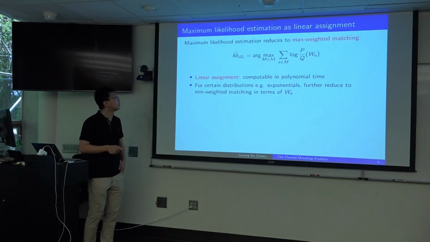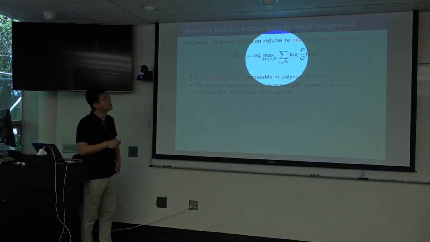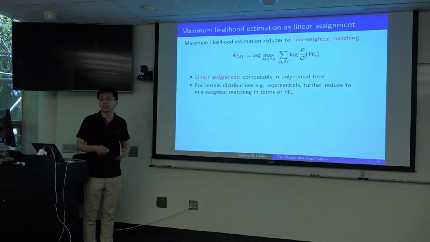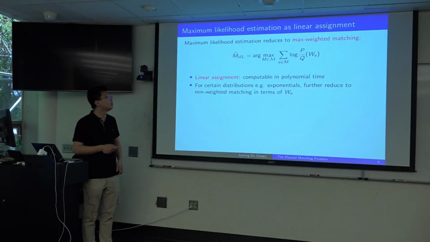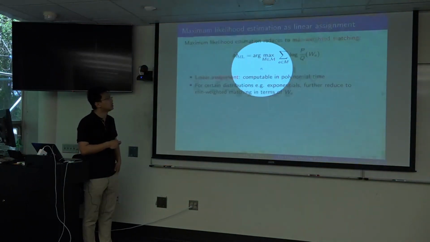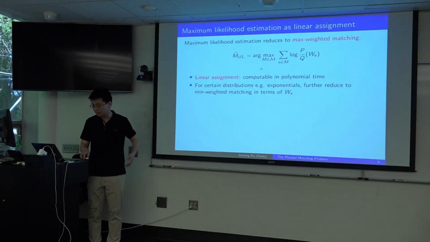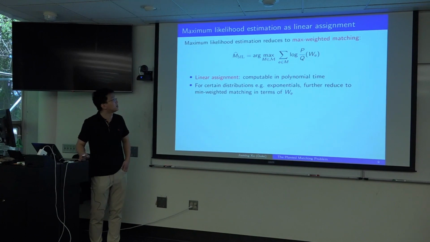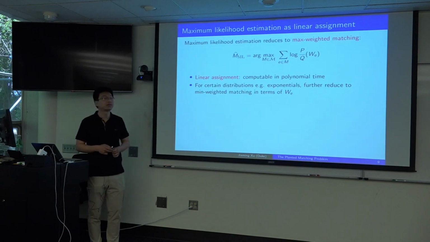Since a matching can also be viewed as a permutation, this is exactly a linear assignment problem. As I mentioned earlier, this linear assignment problem is always solvable in polynomial time. So in some sense, there's no computational issue here.